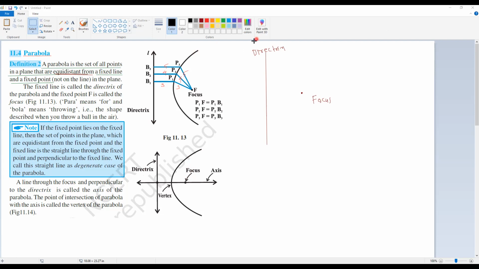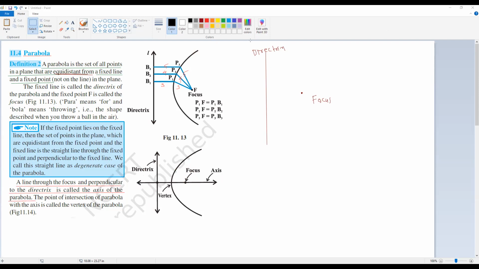Then main thing here you can see that line which is passing through the focus and perpendicular to the directrix, that is known as axis. So here the line through the focus and perpendicular to the directrix is called axis of the parabola.